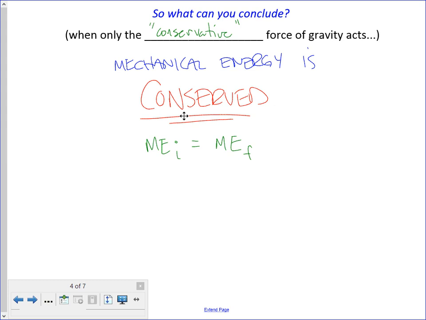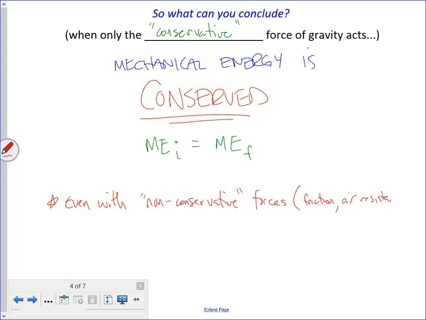Now, even with non-conservative forces, total energy always is conserved.